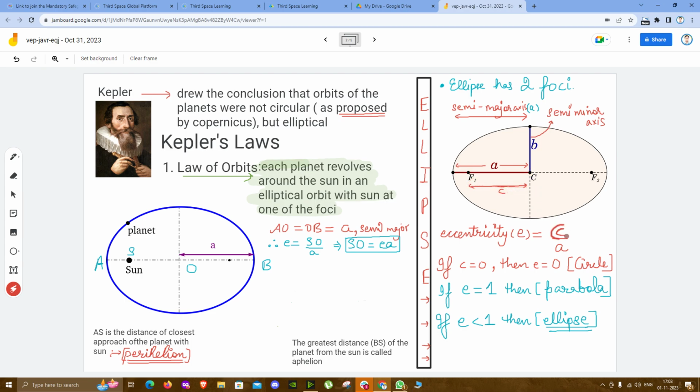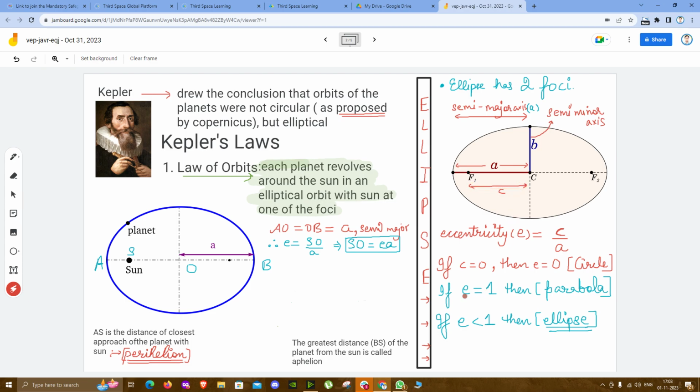C will reduce to 0. So if the focus is here, the figure now will become a circle, because C itself has become 0. So eccentricity will be 0. That means the curve now will be a circle. So a circle is a special case of ellipse, where the value of C is 0.